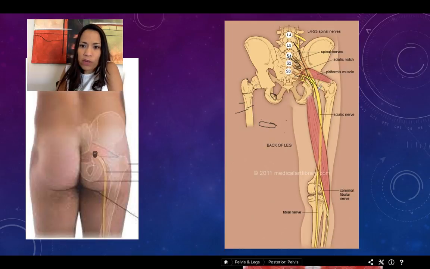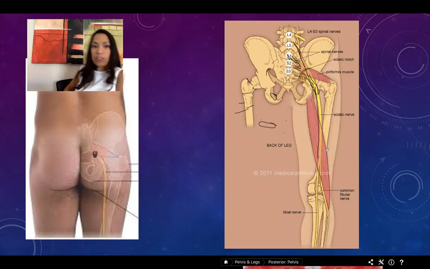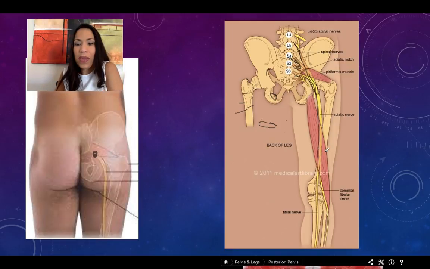The sciatic nerve, as I told you, passes through the greater sciatic notch and descends. This is a posterior view, so in the posterior aspect of your thigh. This changes, but usually about 5 inches down, sometimes more distal, it branches.